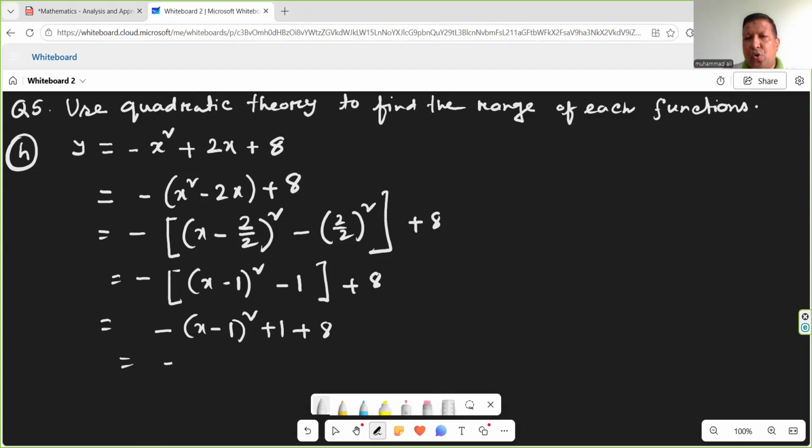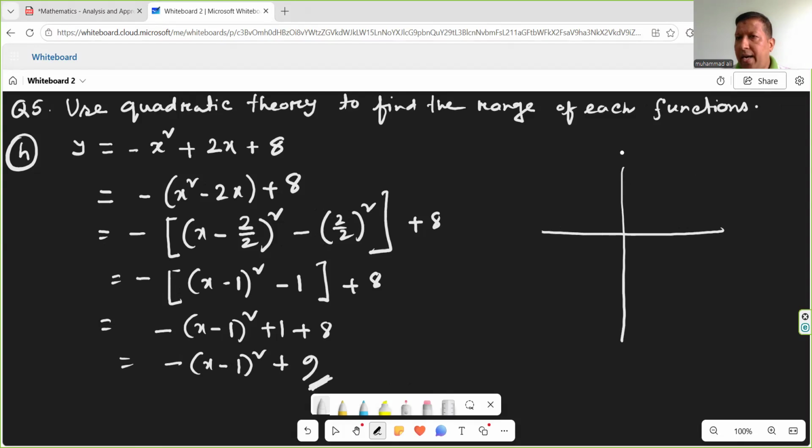So as the x square coefficient is negative, the curve will be cap shape, and obviously this value will be the maximum value of this curve. So if we sketch this curve, the highest value of this curve is 9, and when x value is 1, we get the highest value. If you want to find out the y-intercept point, here we have to put x value 0.